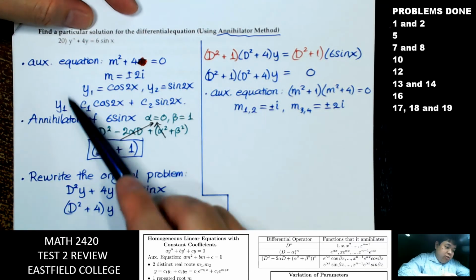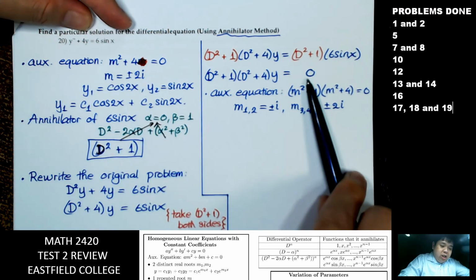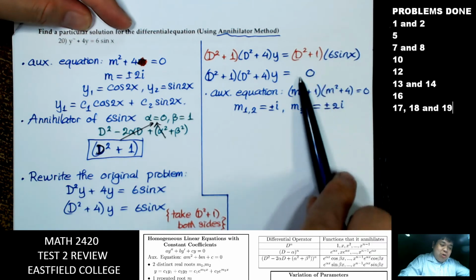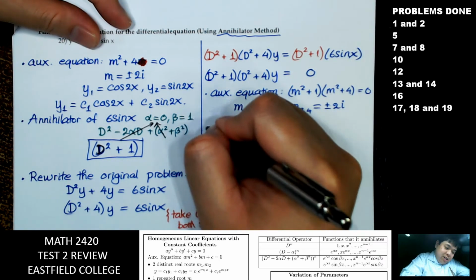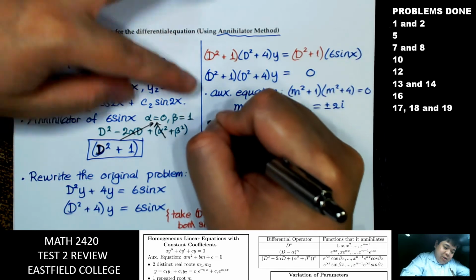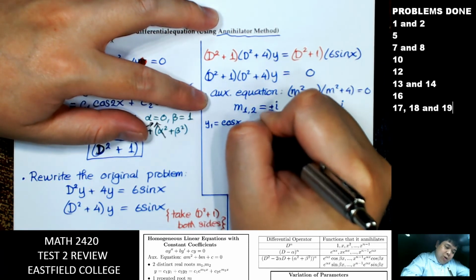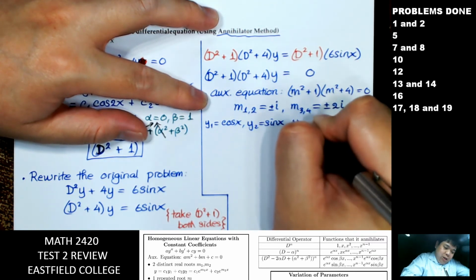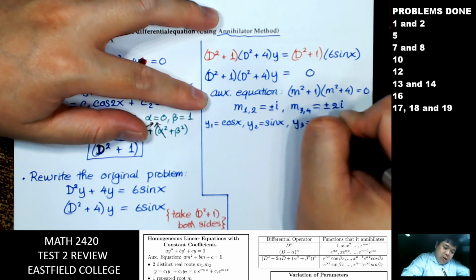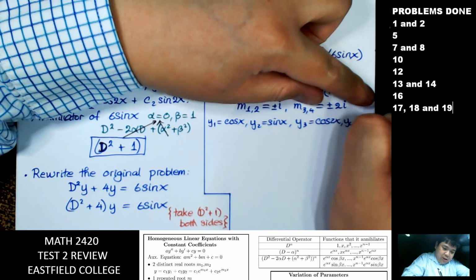Notice that we turn from a non-homogeneous equation to a homogeneous equation. Now we just have 0. So we write the solution by the rule: y1 cosine x, y2 sine x, y3 cosine 2x, y4 sine 2x.